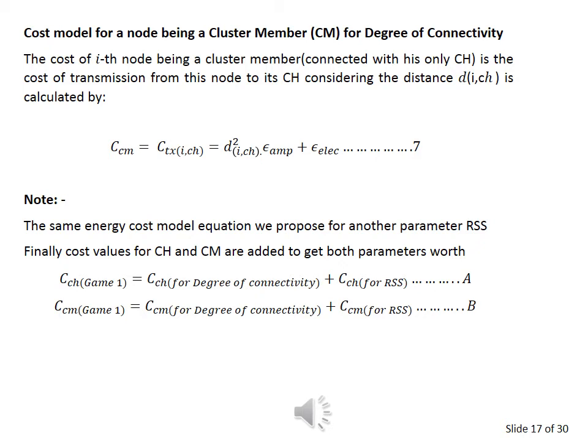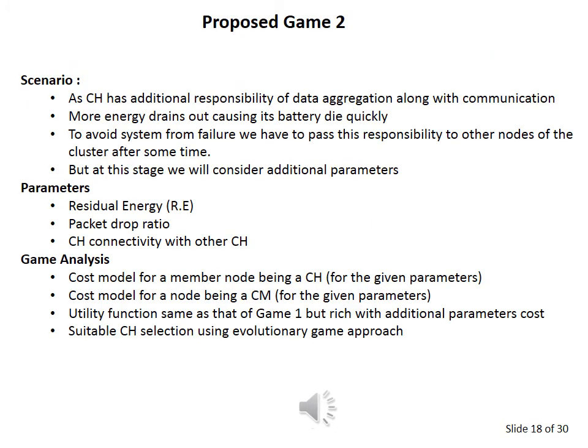Dear students, the same methodology is used for another parameter which is called received signal strength. You can use the same procedure for received signal strength and calculate the cost value for game 1.